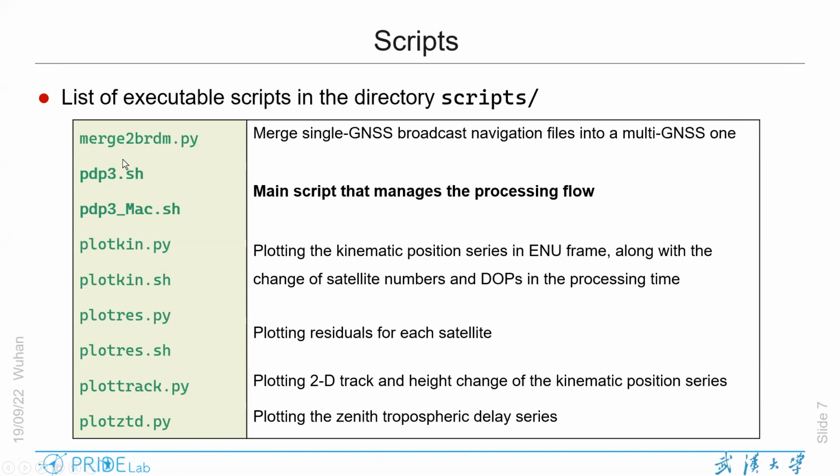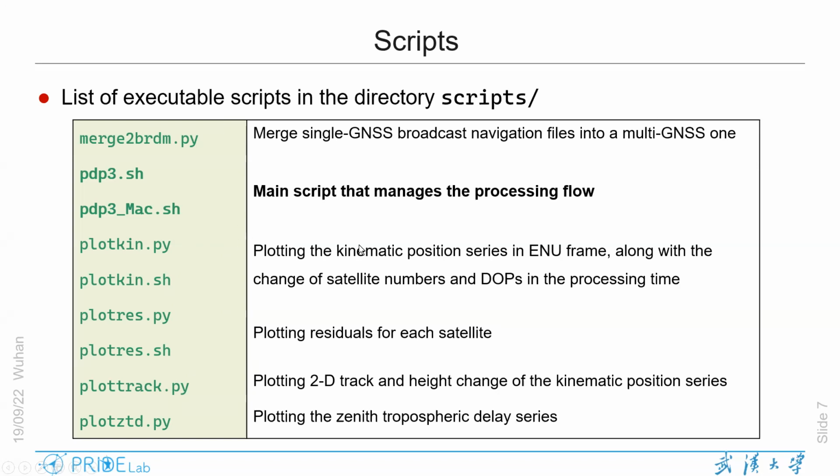The merge to Vrdm script is used to merge GPS and GLONASS broadcast navigation files into one file in case you have no multi-GNSS navigation file for your data processing. The other scripts are used to visualize the results from PPP-AR.